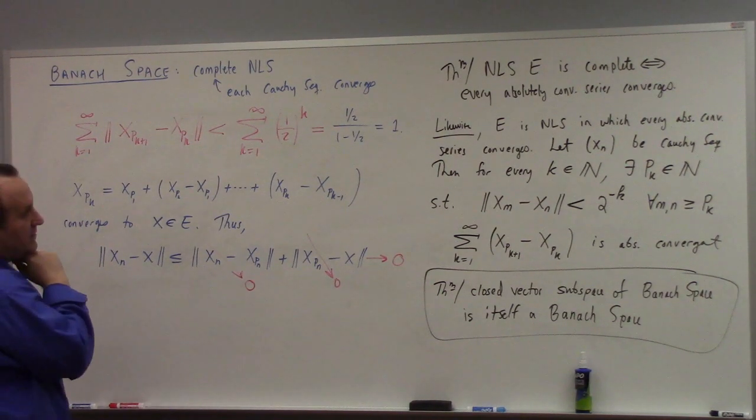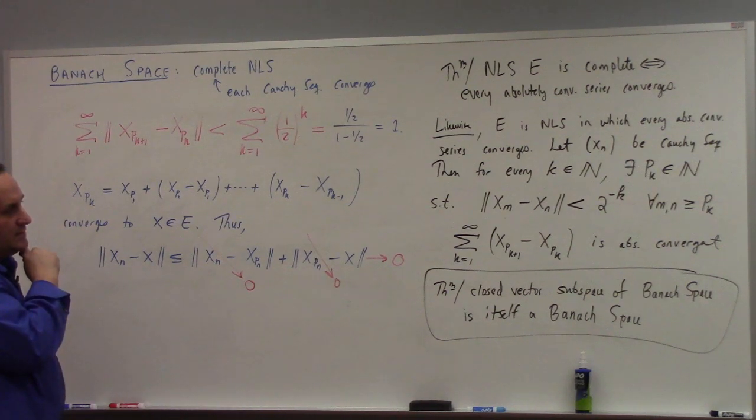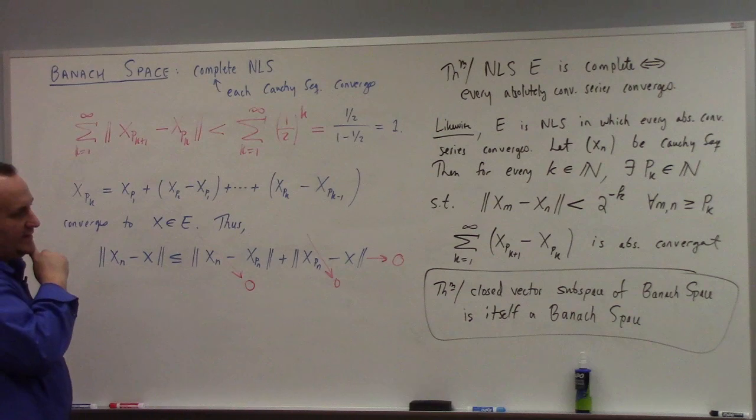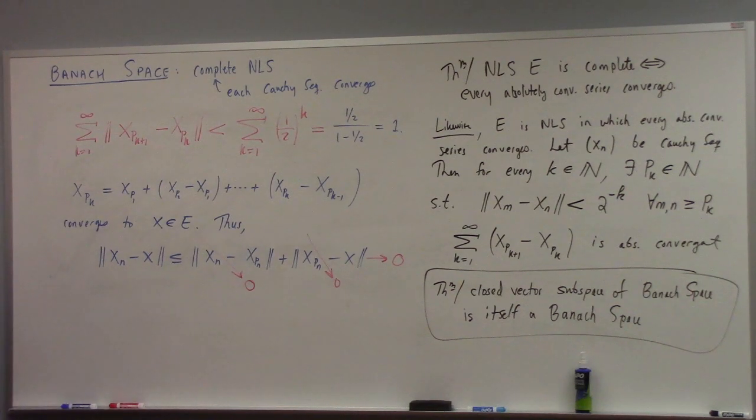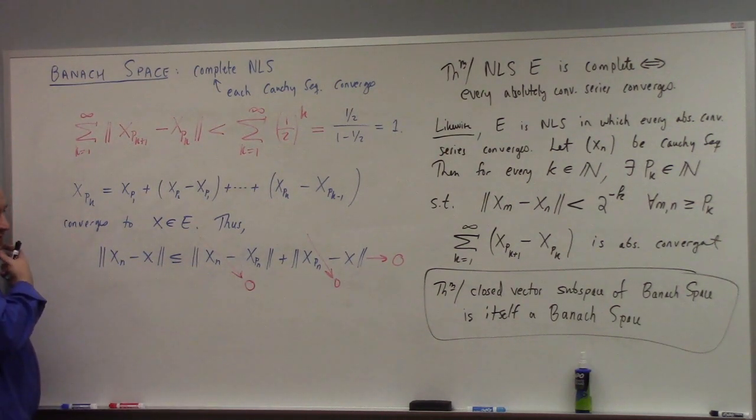So we construct an absolutely convergent series, which therefore must converge by the assumption, and then we use that with this triangle inequality trick to get the convergence that we want. That's the summary of what happened.